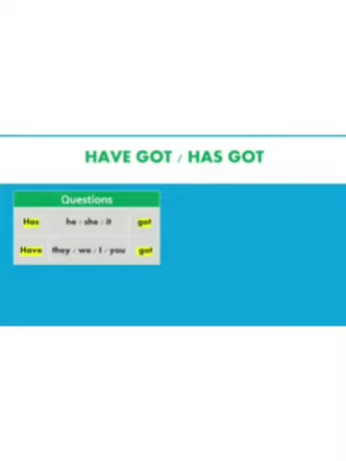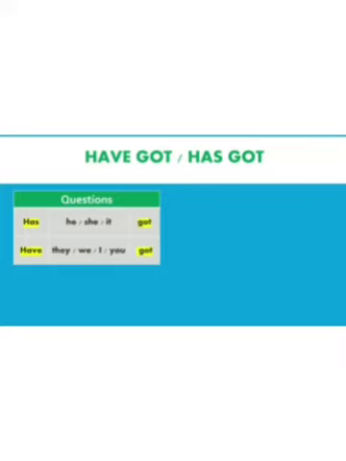Next, for making questions, when we want to make it into questions, then we have to split has or have from got, which means later on we are going to construct the questions beginning with has or have. I'm going to show you sample sentences later, but just remember that anything that goes with the subject pronouns he, she, it, we will start with has.